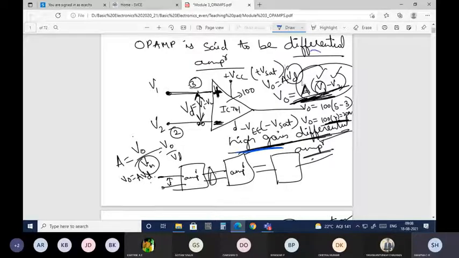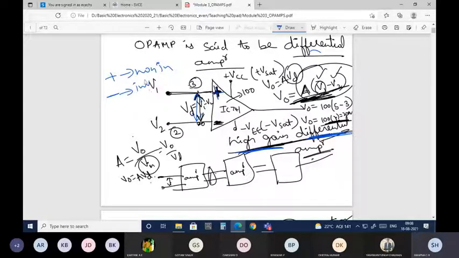Coming to the differential amplifier, it is called differential because the op-amp will not directly amplify the input signal. It will take the difference between the two inputs. This is the non-inverting terminal. Plus is the non-inverting terminal, and minus is the inverting terminal.